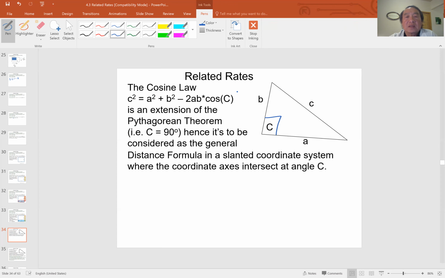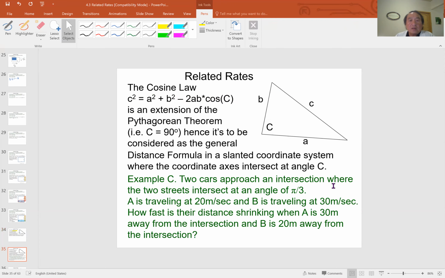The Pythagorean theorem is basically when capital C is 90 degrees and this term disappears, and I get the Pythagorean theorem. If it's not 90 degrees, then there's a little piece of adjustment to the A squared plus B squared. So this is a problem where we're going to use this law. Two cars come toward an intersection at a 60-degree angle, and their speeds are given as 20 meters per second and 30 meters per second.